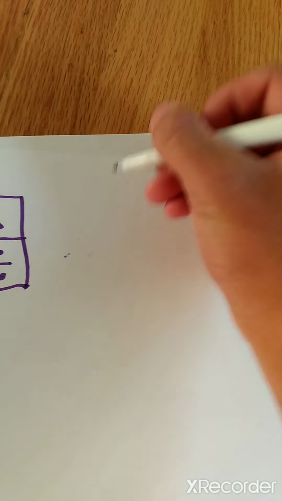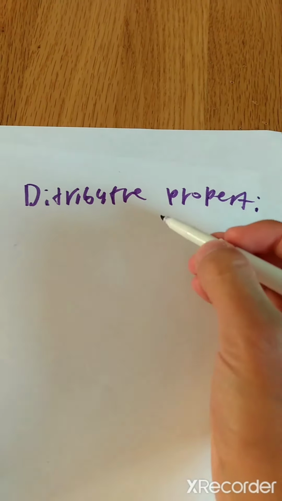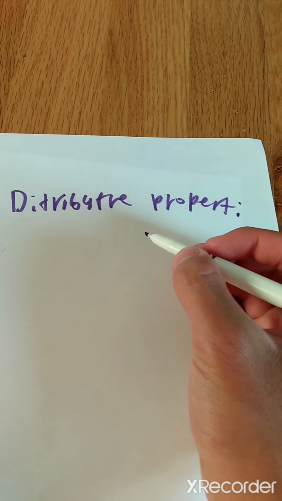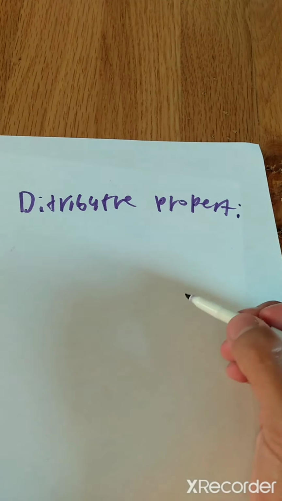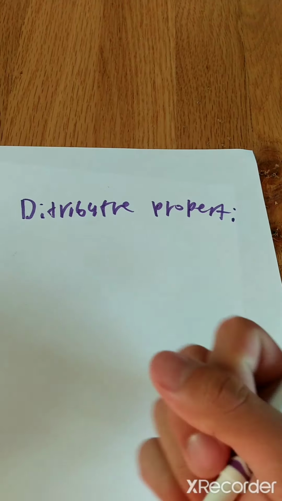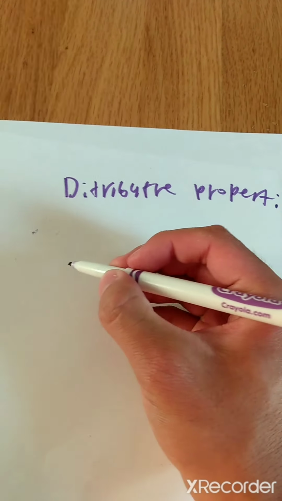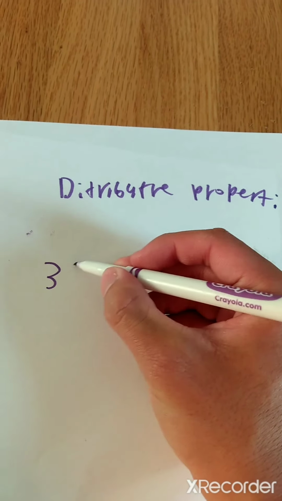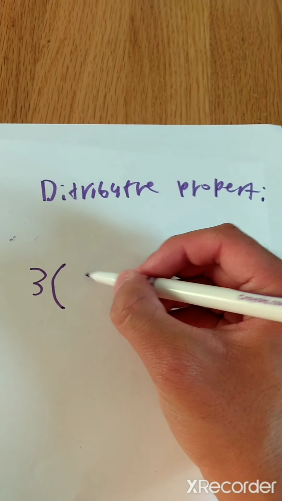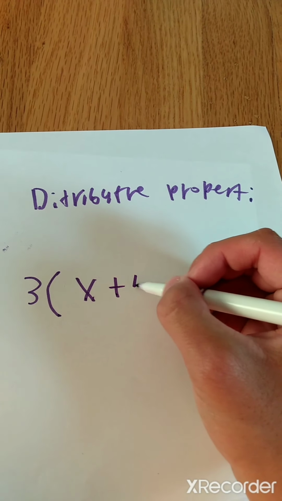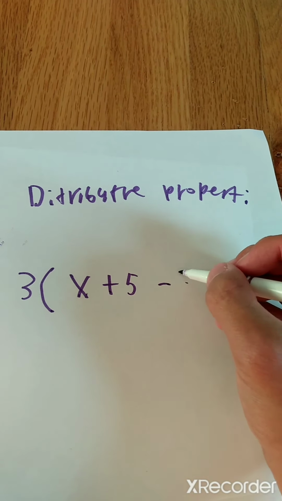Now, let's use the distributive property. So with the distributive property, we can actually multiply more than one or two numbers at the same time. Like 3 is going to have parentheses with x plus 5 minus 2.